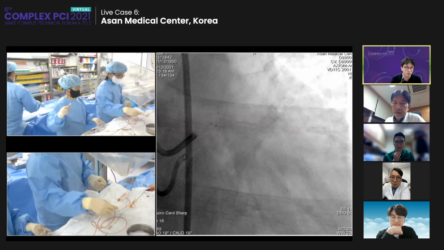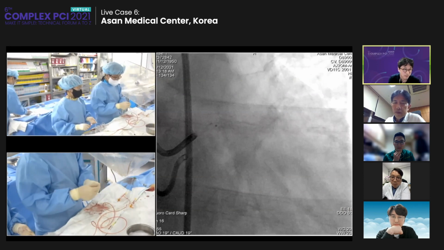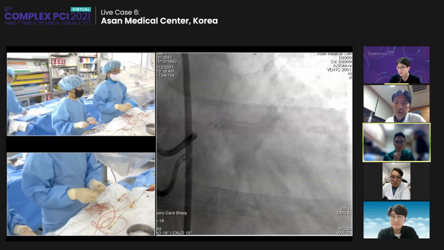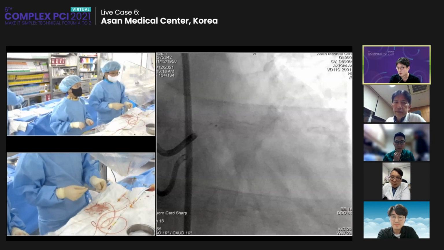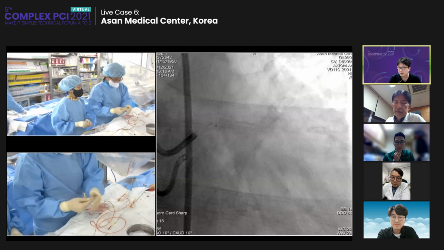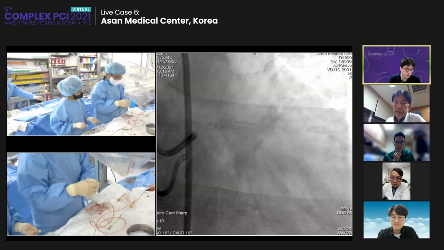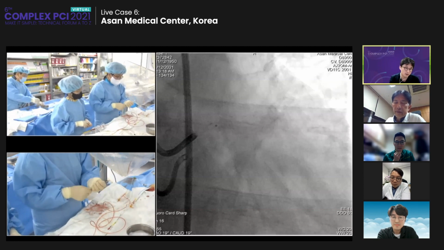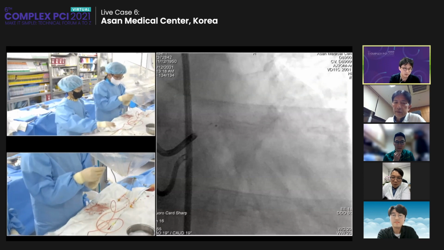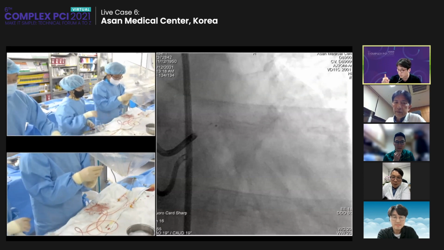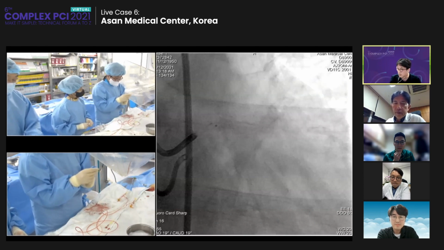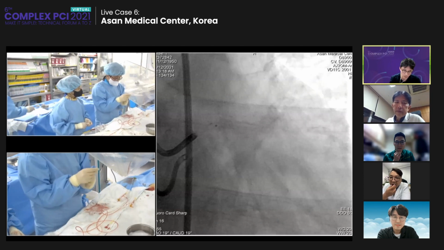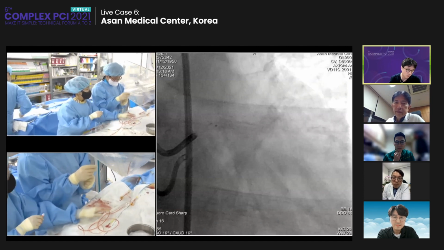So my selection was actually a Fine Cross, because I thought that any microcatheter can be used in this session, but Corsair has a relatively stiffer tip, and the proximal portion of the LAD has some angulation. If I use Corsair, it might lead my wire to a greater coverage of course.